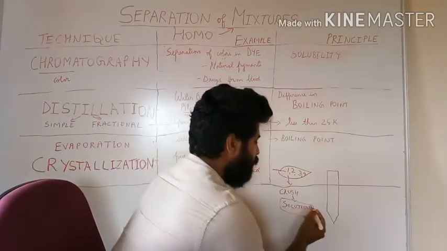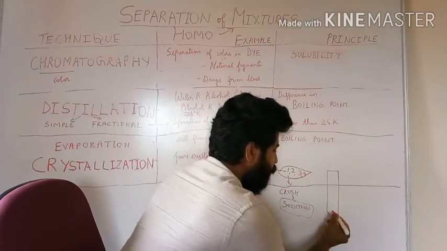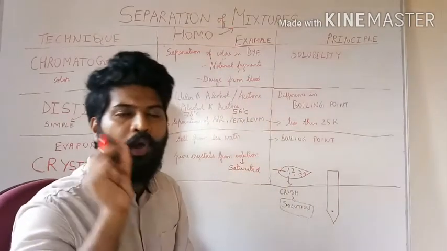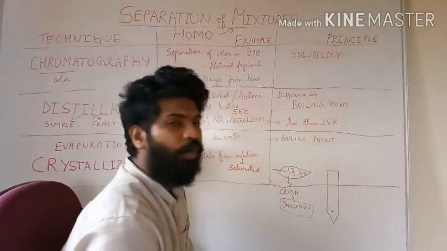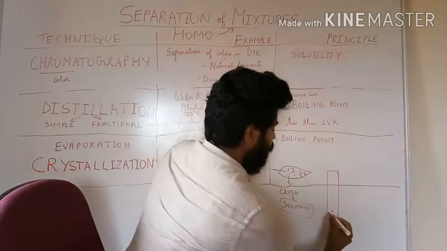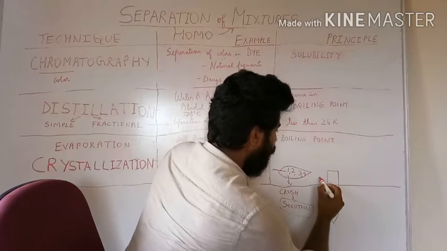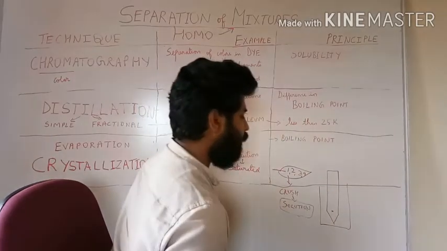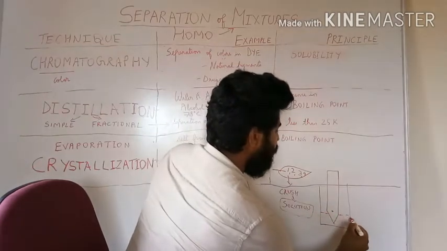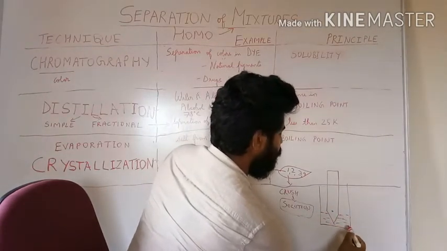So this solution I am going to put over here, a small spot. That's it, a very, very small spot. Then this paper we are going to dip in a beaker which contains a liquid.